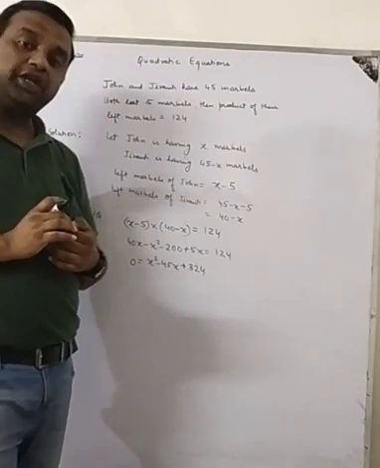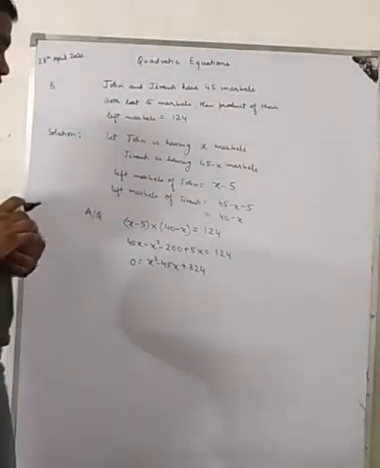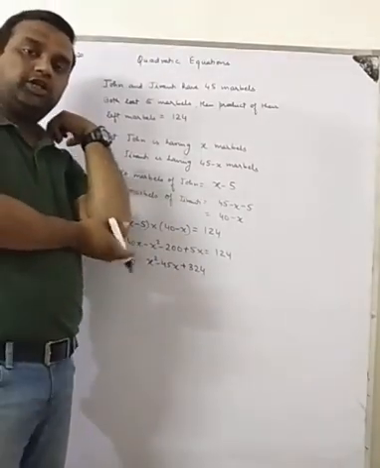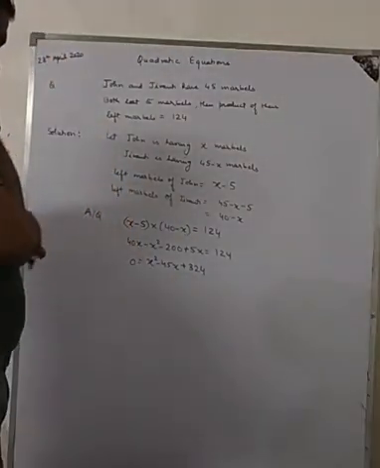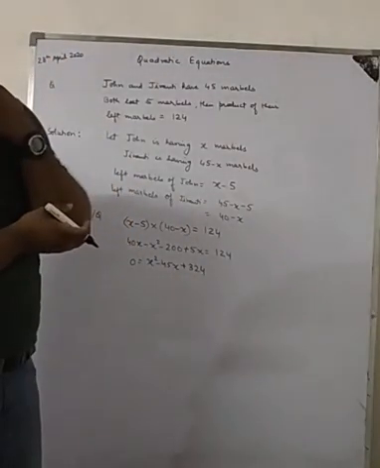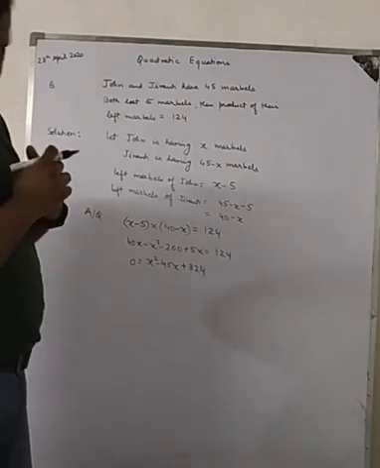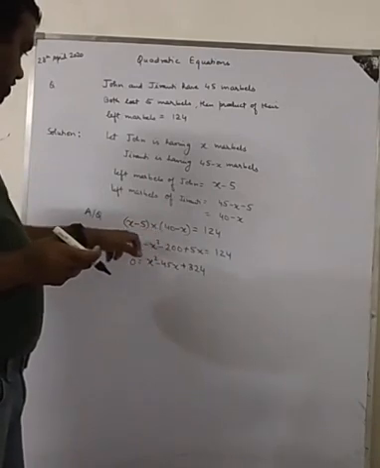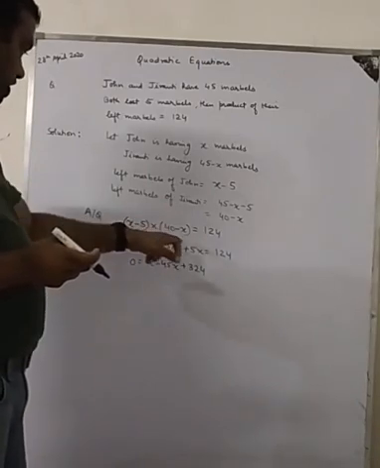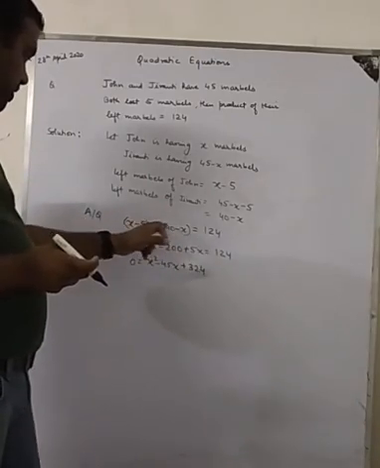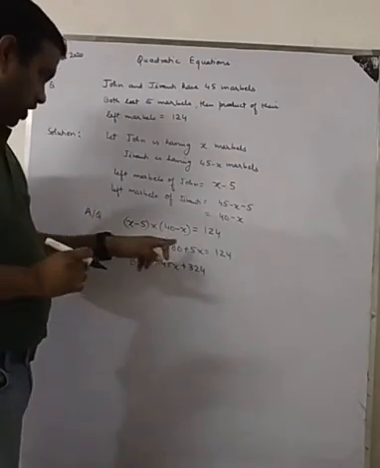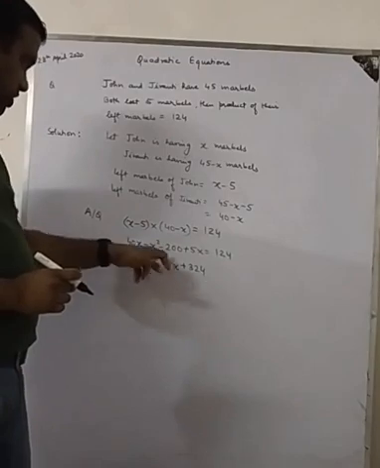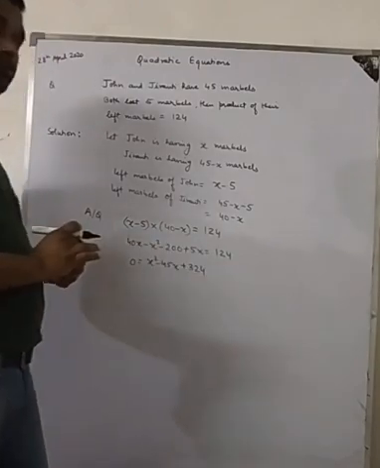It's nothing but 18 square, but we are not going to write it as 18 square. So x square minus 45x plus 324, where we add 124 and 200 to get 324.